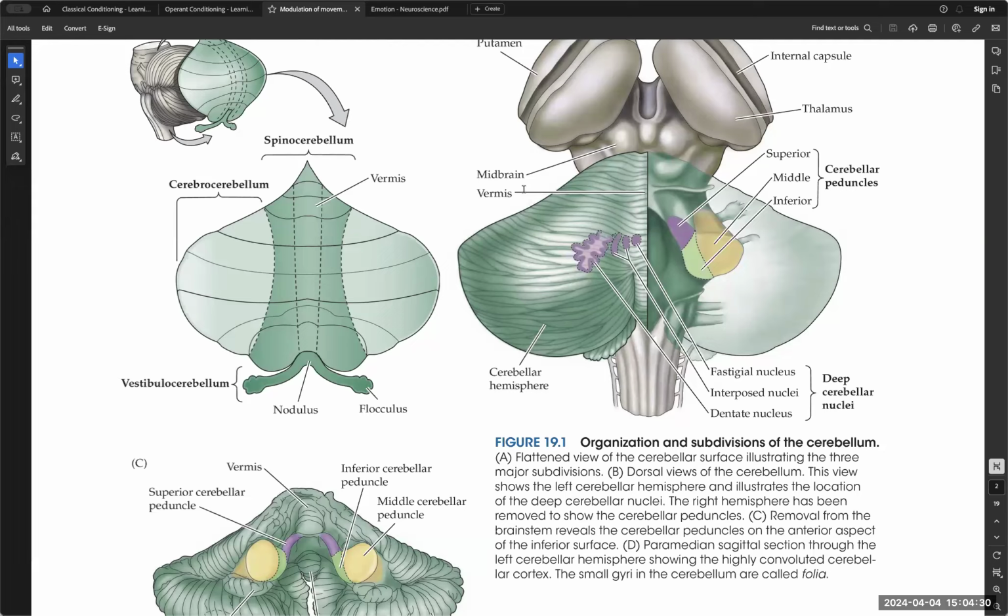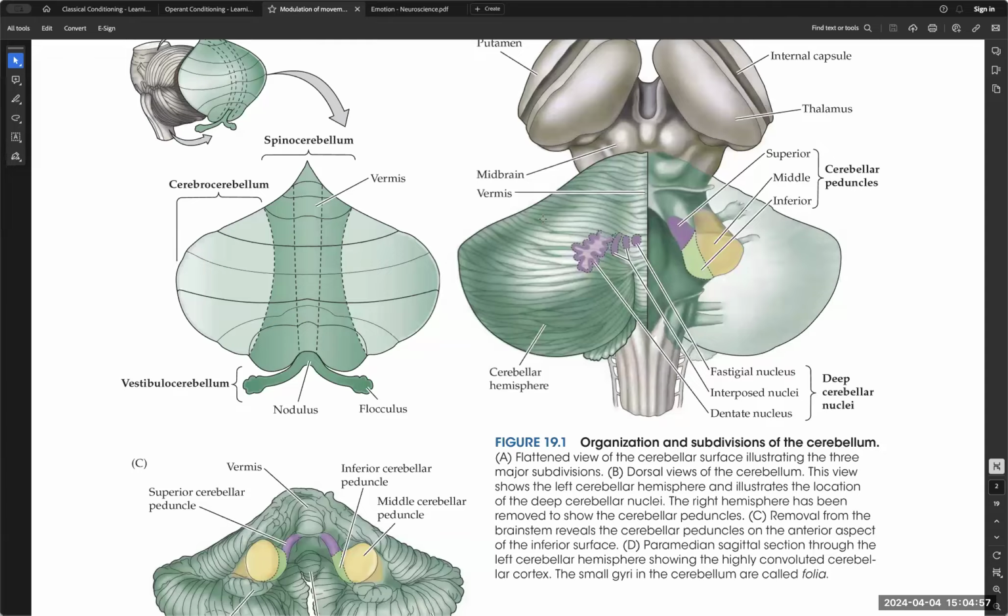These are the subdivisions of the cerebellar cortex, whereas the layers of the cerebellar cortex are something different, which are the molecular, Purkinje and granular.